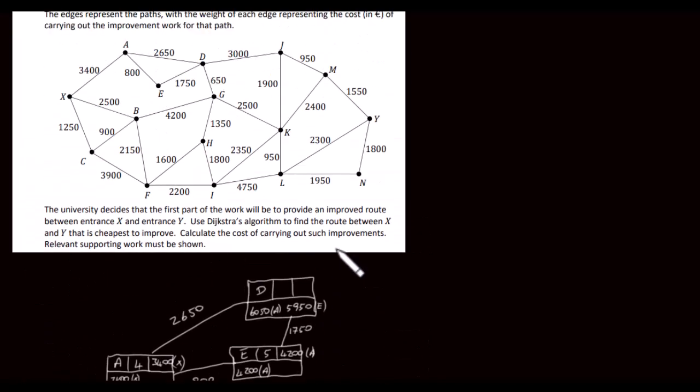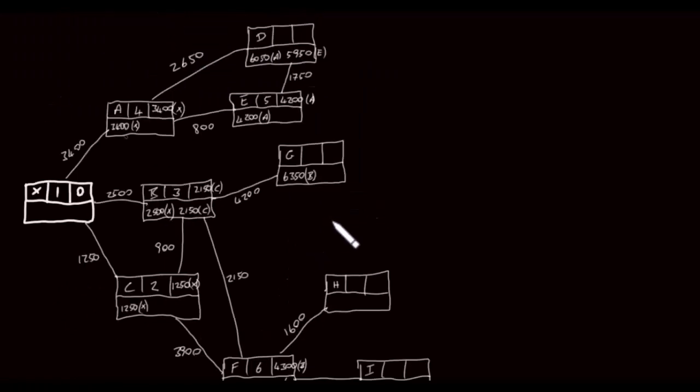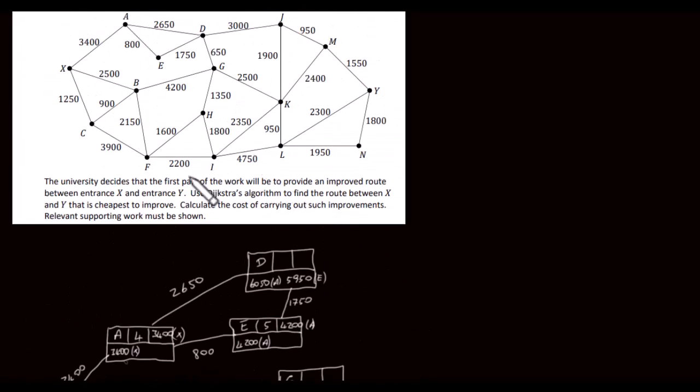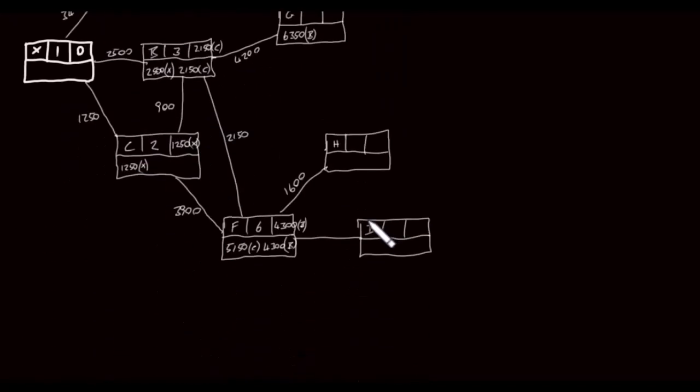And those weights are, let's see, to H is 1600, and to I it is 2200.